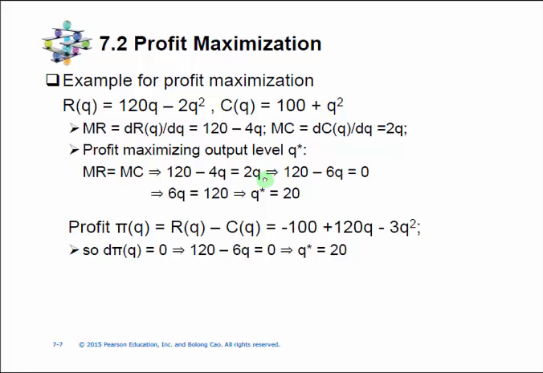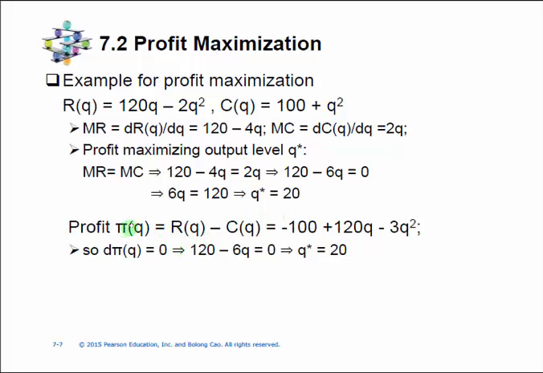You can understand it as deducting the same thing on both sides, or just follow the rule: when you move things around the equal sign, you flip the positive or minus sign. Now it's one equation for one unknown. We have 6Q equal to 120. Use your calculator to get the Q star, which gives us the maximized profit. It's 20. So you produce 20 units, and given this total revenue function and total cost function, you will be able to maximize your profit.